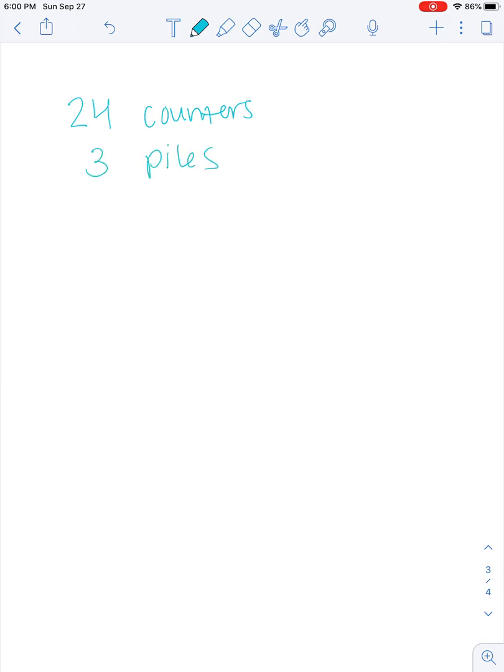And you need to put them into 3 piles, okay? We're going to think of the 3 piles as rows. So I'm going to make 3 rows. 1, 2, 3. And remember, rows go this way, so I'm going to add them going that way.